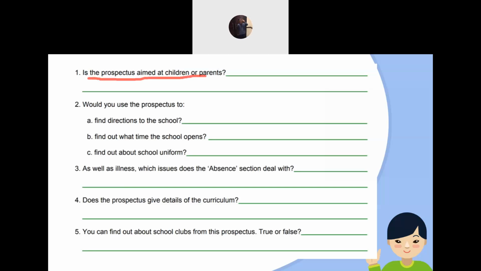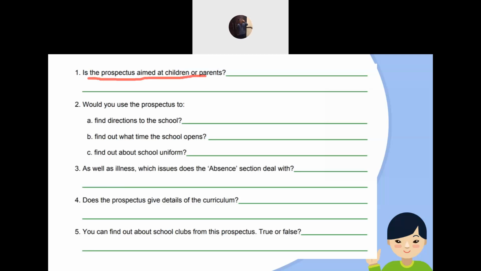I want to know more about this school. So I will look at the prospectus, like what the school is about. What will the students do? How are the students like in the school? This is what we call a prospectus.